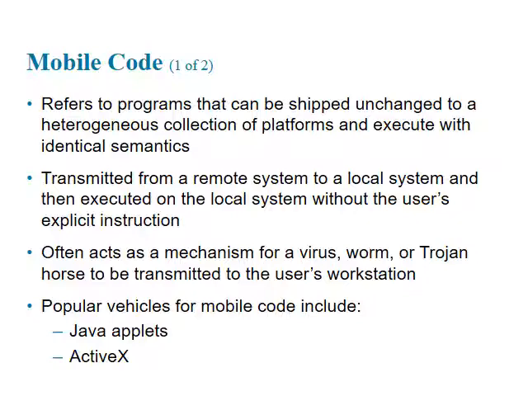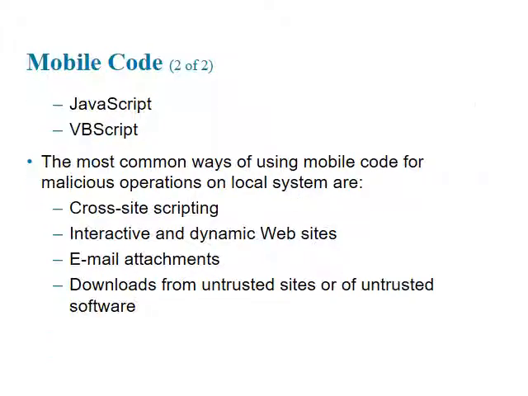Other than Java applet and ActiveX, there are JavaScript as well, and also VBScript, Visual Basic Script. These are common mobile codes that are used every day, but some malicious software can be embedded inside the mobile code.